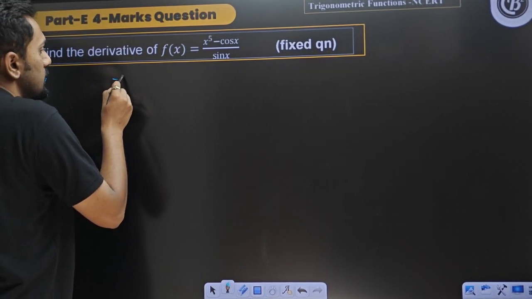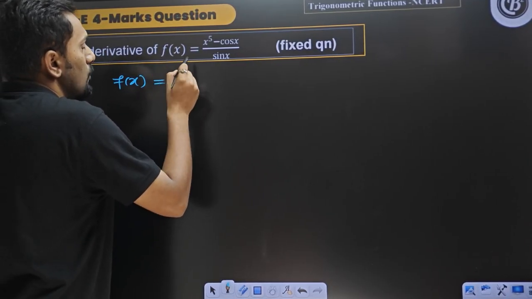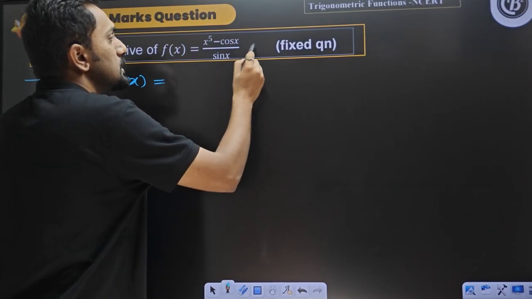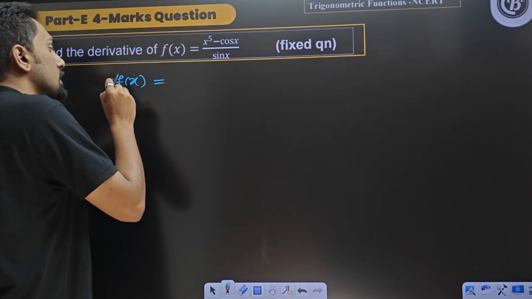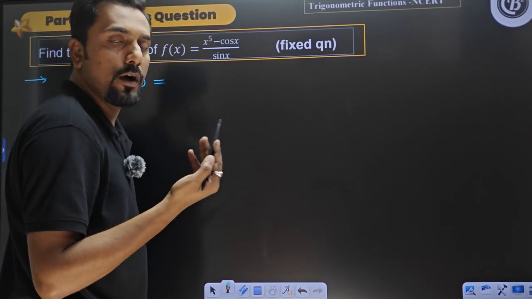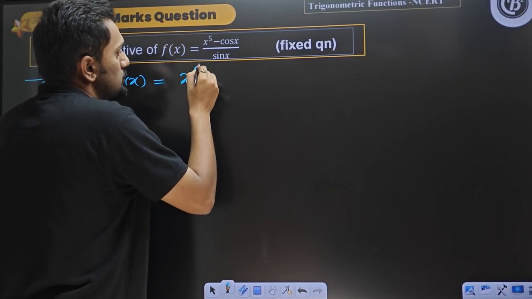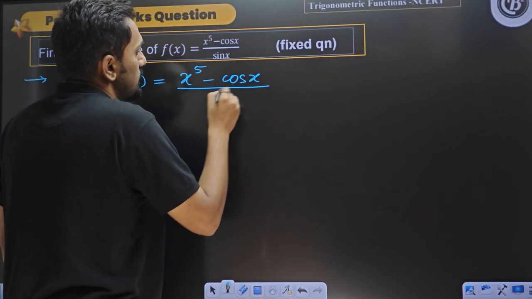Here, f of x is equals to... Sometimes they give find the derivative of this with respect to x. In that case we have to take either f of x equal to this function or y equal to the function. You can take any. Okay, f of x is equals to x power 5 minus cos x divided by sin x.